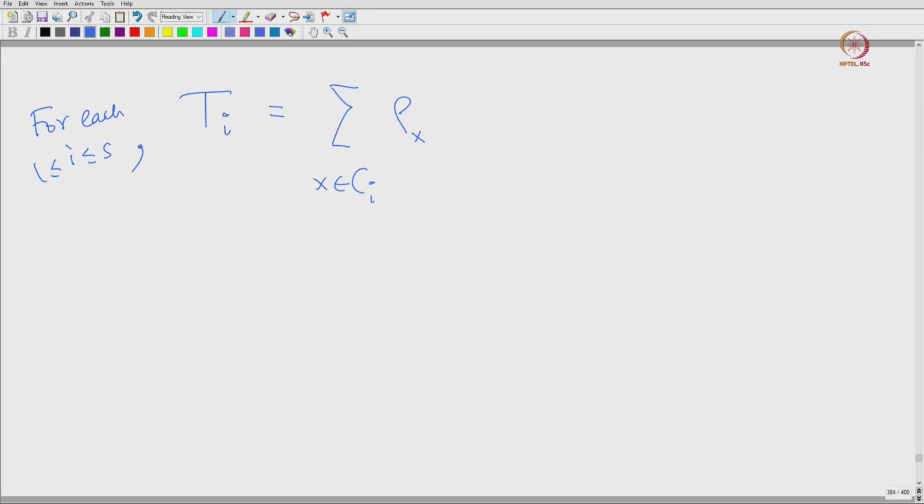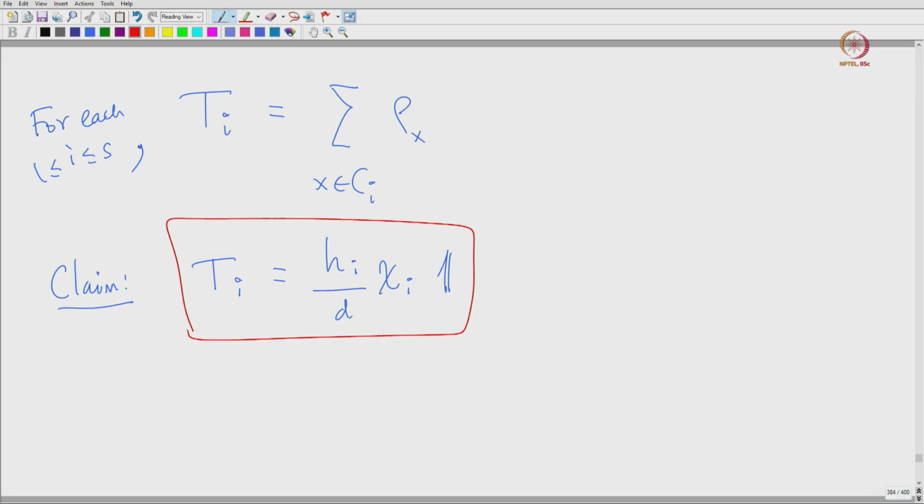In particular, using Schur's lemma, there must be some multiple of the identity. The multiple is also very explicitly given using the trace. So, we claim that T_i is exactly equal to h_i divided by d times chi_i times identity.